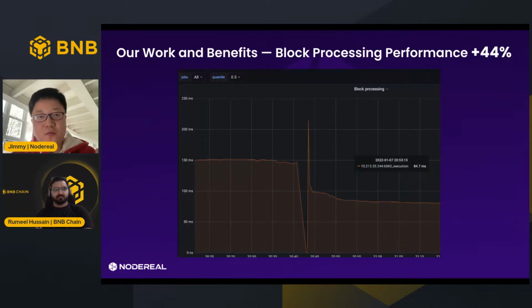This is the testing we did before we introduced the prefetcher to increase the cache hit rate, and after we get around 44% performance improvement. You can see here, before the optimization, the block processing time is around 150 milliseconds, and after that it is around 100 milliseconds. It's actually a big improvement, to be honest.